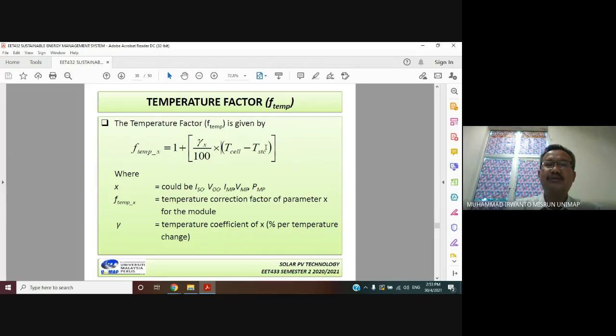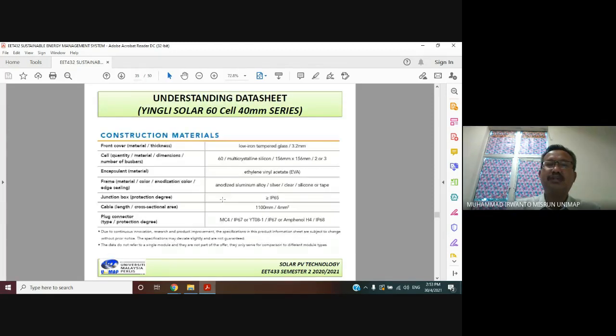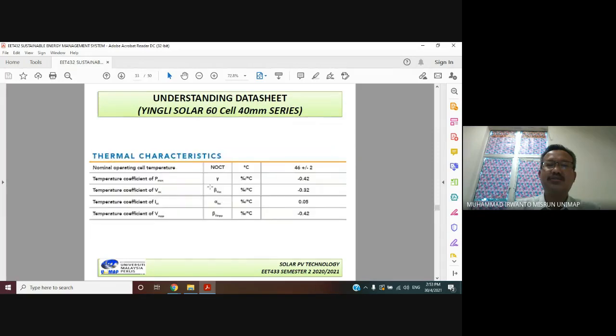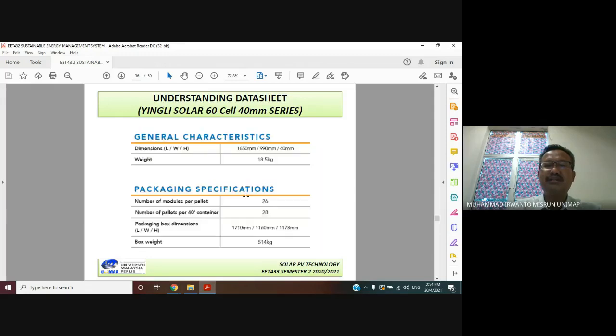So gamma X can refer to whichever type of temperature coefficient. For example, the temperature coefficient of open circuit voltage, refer to this data sheet, in percent per degree Celsius.